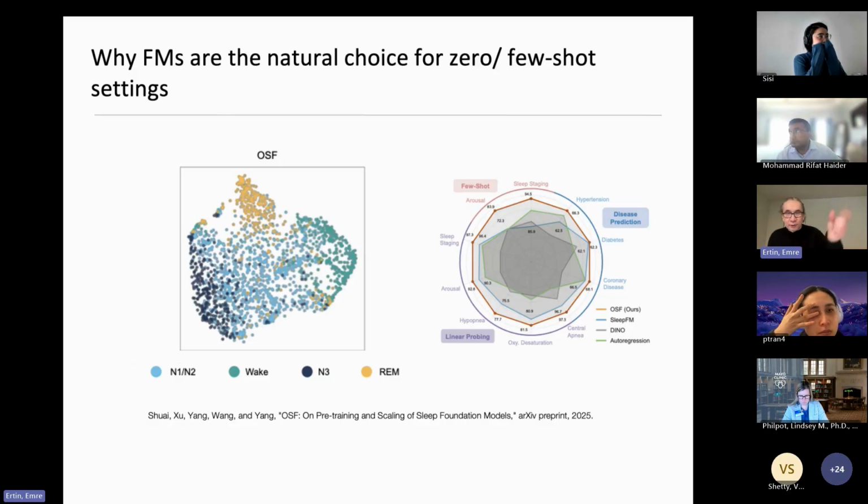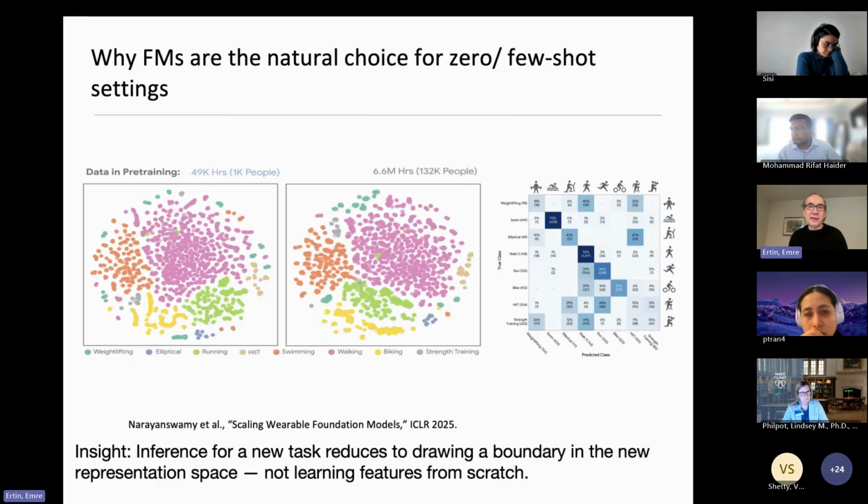And as a result, although the sleep model is trained unsupervised, it does actually very well in various subtasks. Not only sleep staging, but also predicting disease, hypertension, diabetes, etc., from the same data, because the representations are keying on some structure present in the data itself.